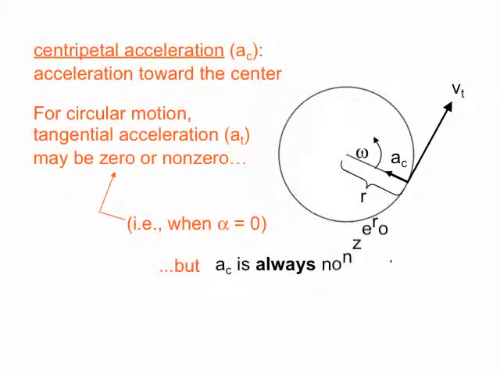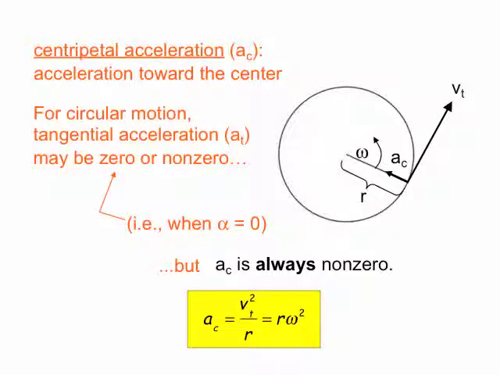However, centripetal acceleration is always non-zero. It is equal to the tangential velocity squared divided by the radius, or the radius times the angular velocity squared. Two ways to find it.